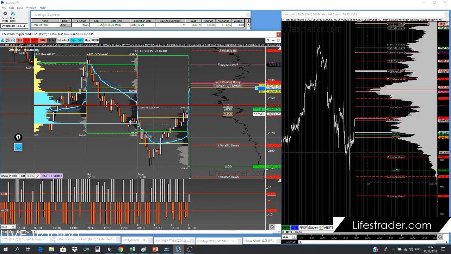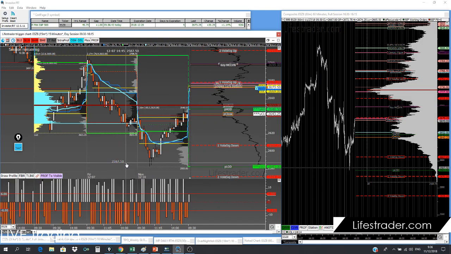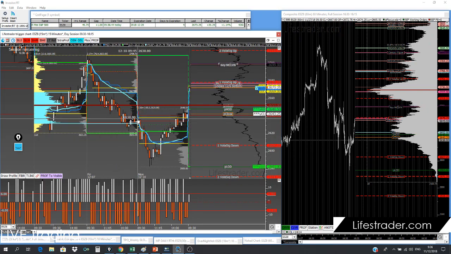I show you here the first part of the day. The market pushed below the previous day low, tried to go back above the 2630, then failure, and then it goes down. It was an amazing short. Here I finished my day and finished trading.